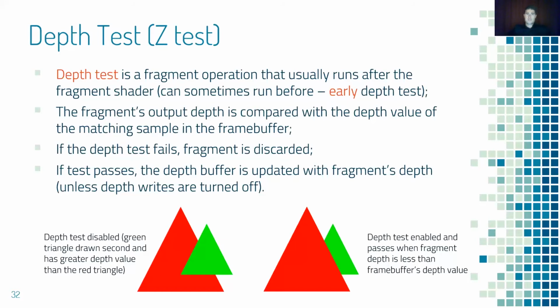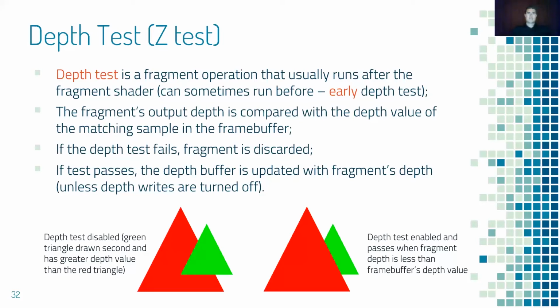So essentially, depth test allows us to render realistically, like in the real world. Objects that are further away will be hidden by objects in front or closer to you.